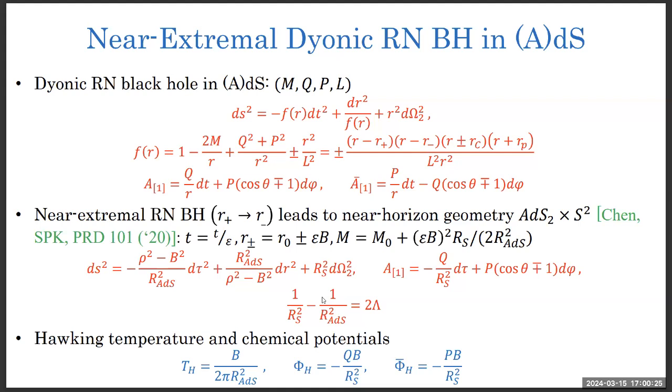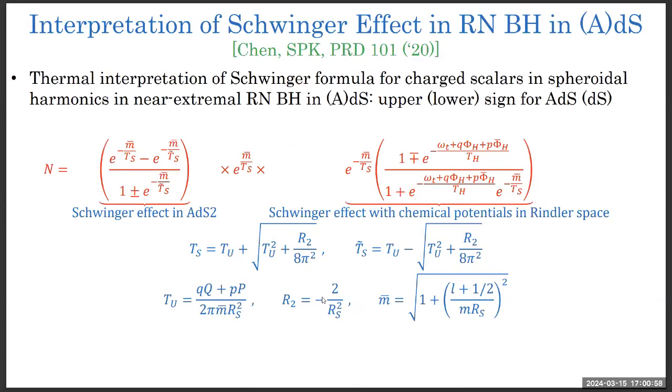Because it is not exactly extremal but near extremal, we have a small parameter B that describes the deviation from the extremal case. So we have a tiny Hawking temperature proportional to B divided by the AdS radius squared, and a chemical potential for electric charge and another chemical potential for magnetic charge.